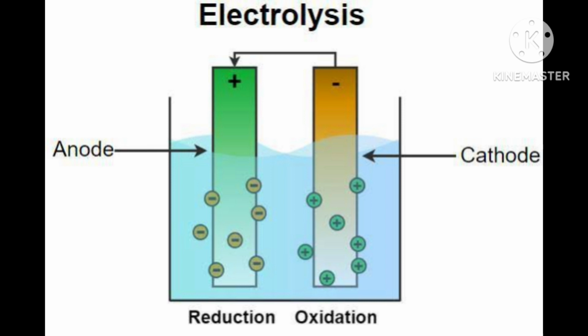Then I told you resistivity means resistance. Okay, resistivity for a substance is the resistance when it is 1 meter long and its area of cross section is 1 meter square.